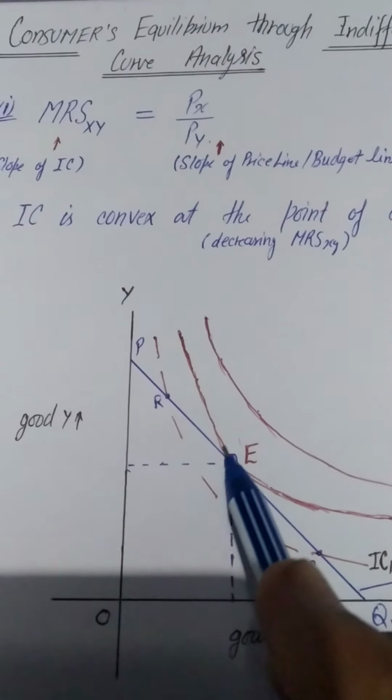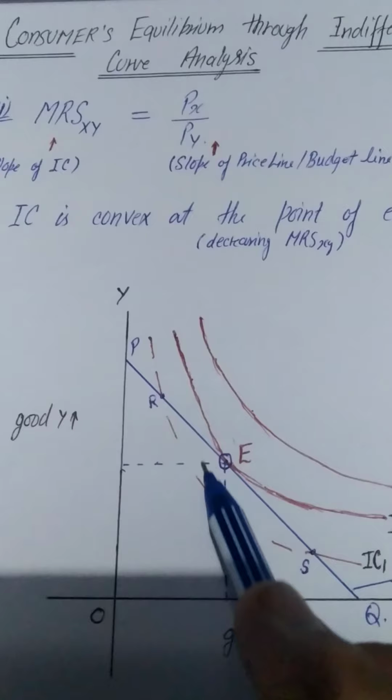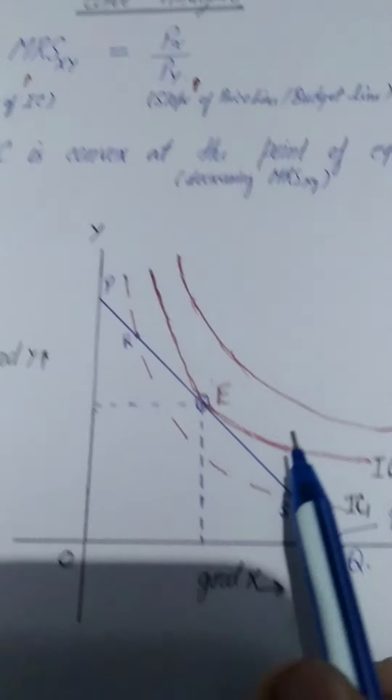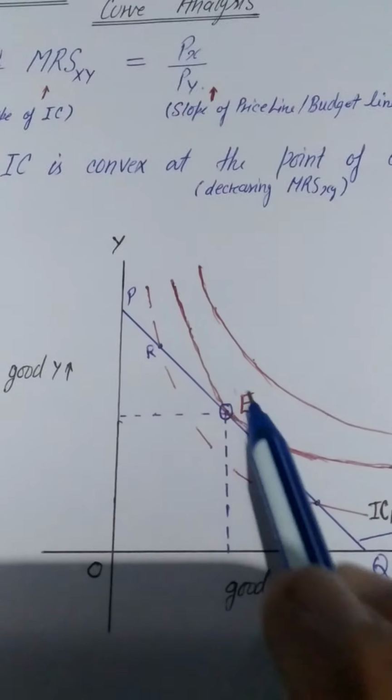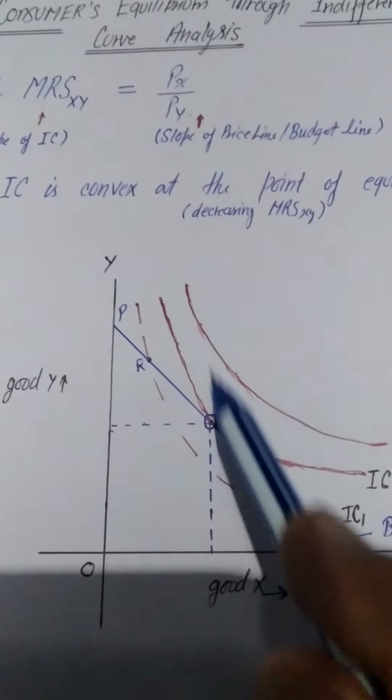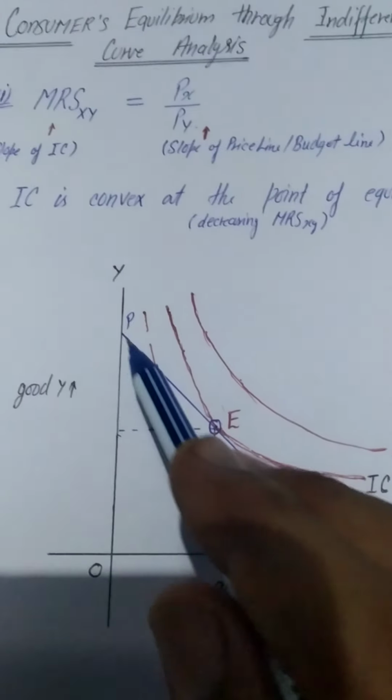At point E, by consuming all his income, the consumer will find the maximum satisfaction, and in this way we can make a diagram to show the consumer's equilibrium through indifference curve and budget line.